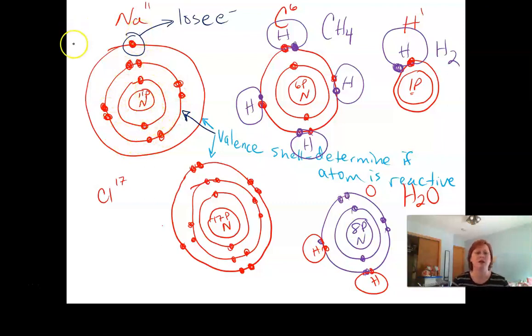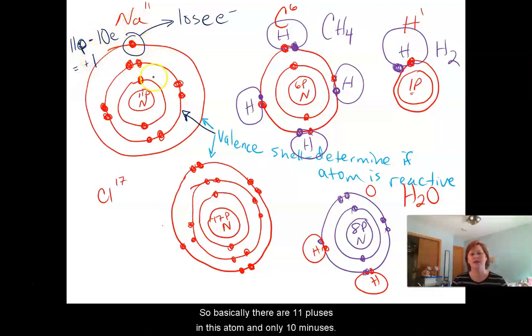But we did something. Sodium had 11 electrons, and it had 11 protons and still does, but now it only has 10 electrons, which means it has 1 more proton than electron, right? 11 minus 10 is plus 1.